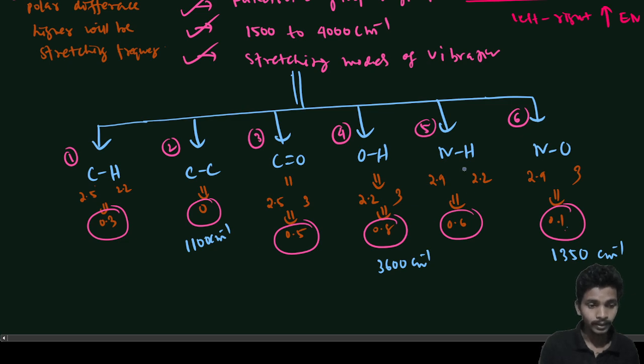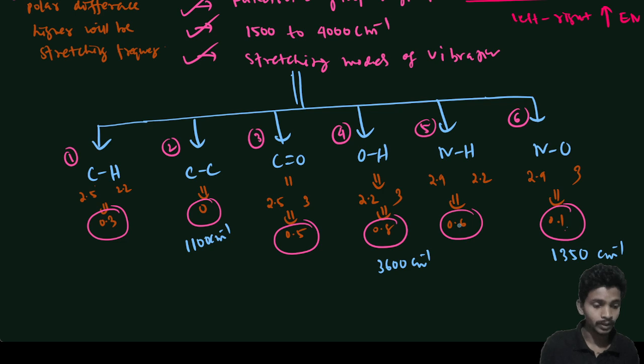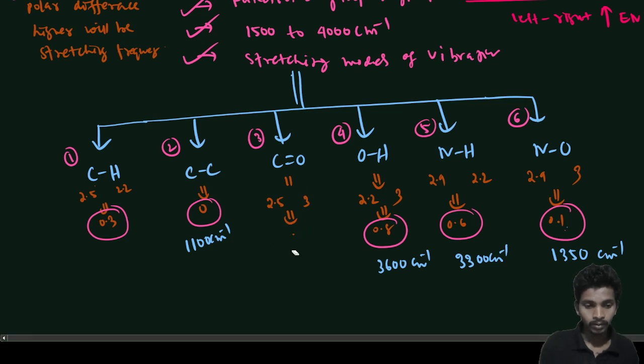Okay. And here we see that this is about 0.6. So here you get something like 3 centimeter inverse. Okay, and from here the polar difference is 0.5. We said this is carbon and oxygen.